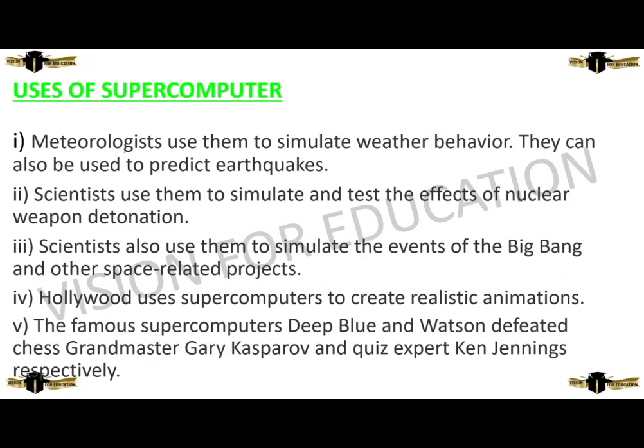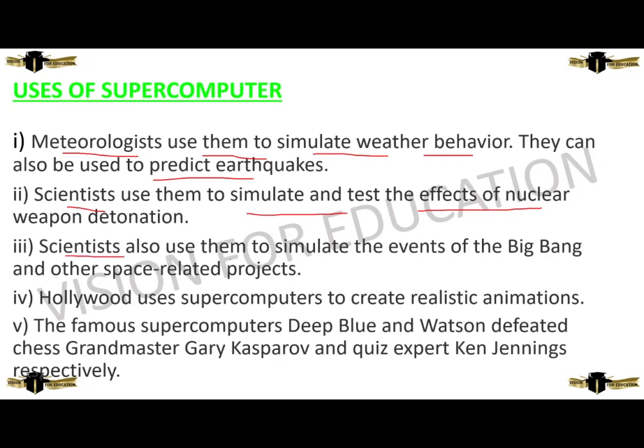Now let's look into some uses of supercomputers. Meteorologists use them to simulate weather behavior. They can also be used to predict earthquakes. Scientists use them to simulate and test the effect of nuclear weapons.